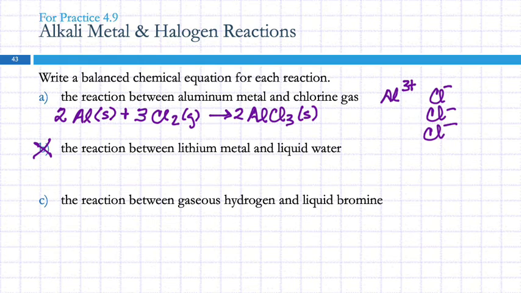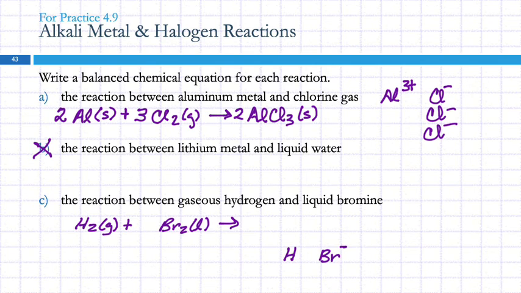The reaction between gaseous hydrogen and liquid bromine. What's the formula for hydrogen? H2. And that's a gas. And what's the formula for bromine? Br2. And that's a liquid. Well, what are these guys going to do? They do not form an ionic compound, but they form a compound that dissolves in water and becomes ionic.